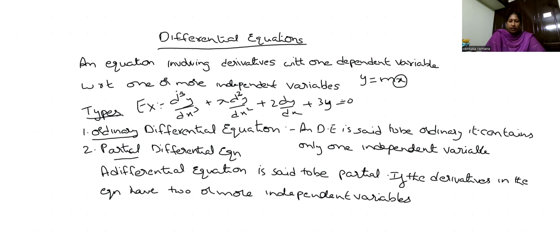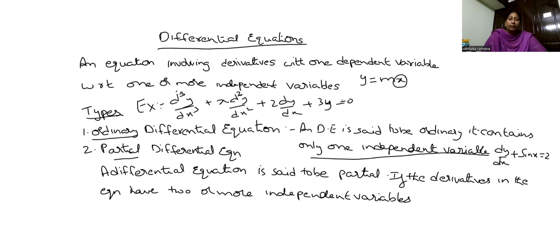An equation is said to be an ordinary differential equation if it contains only one independent variable. For example, dy by dx plus sin x is equal to 2. This is also a differential equation.